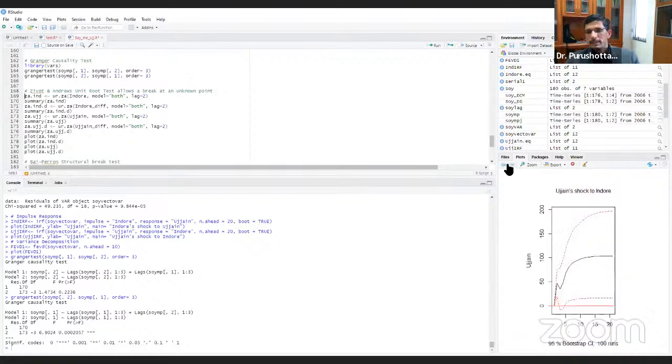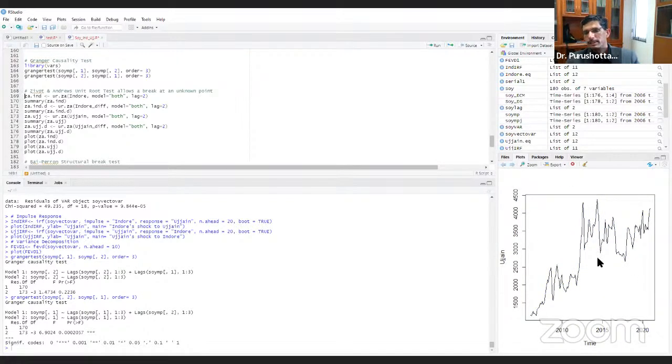If we see the actual series, we see that there is a kind of two types of trends in that. Before perhaps 2014 and after 2014.